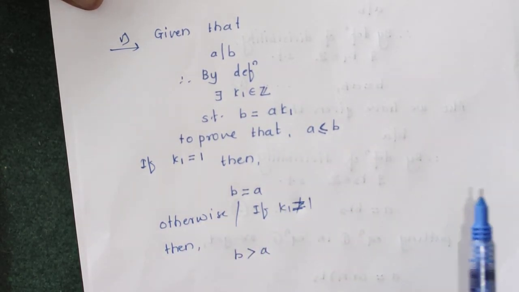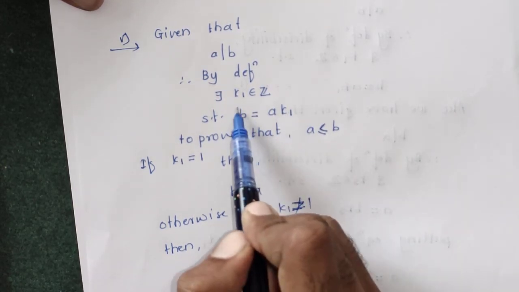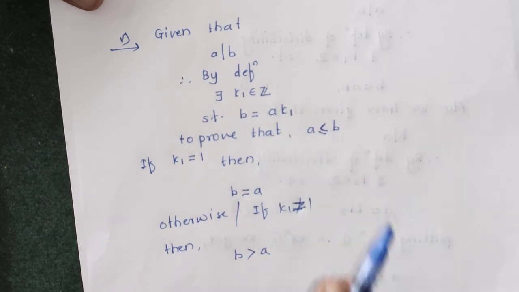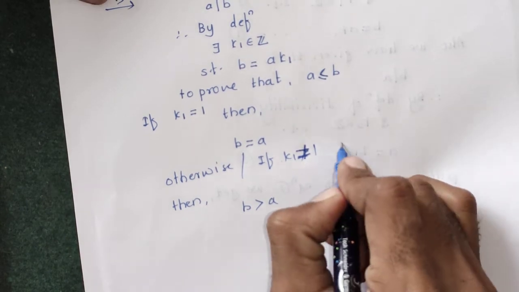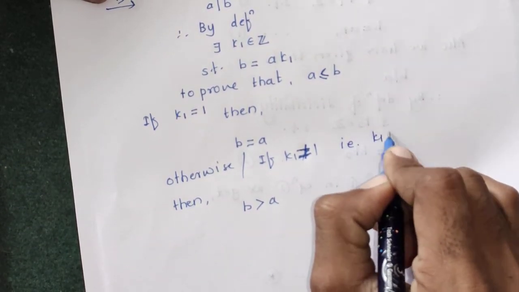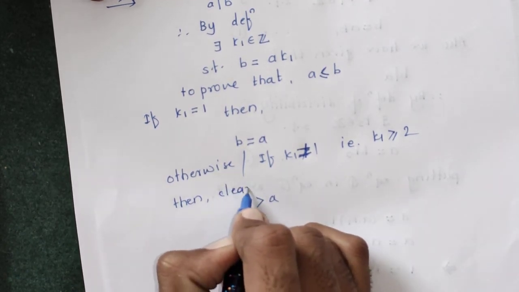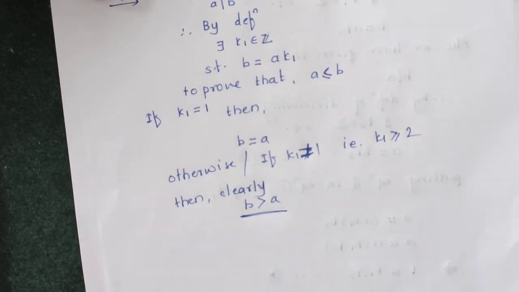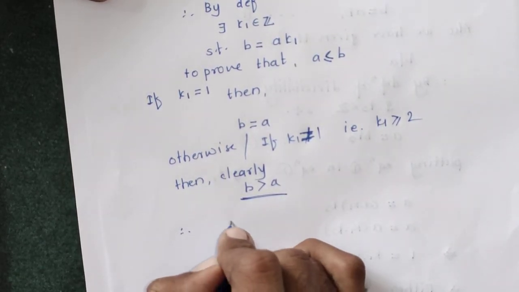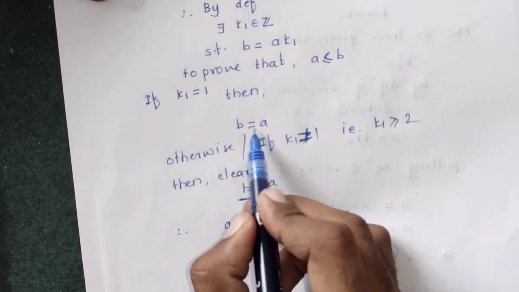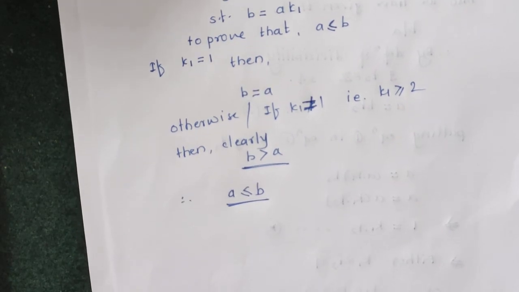The possible values of K1 are 2, 3, 4 and so on. If K1 is equal to, suppose, 2, then 2A is equals to B, implies B is clearly greater than A. So we get, if our K1 is not equals to 1, that is K1 is greater than or equals to 2, then clearly we get B is greater than A. Therefore, from these two cases we get A is less than or equals to B. Hence, the proof of the fifth statement.